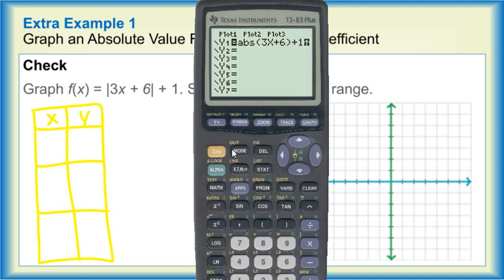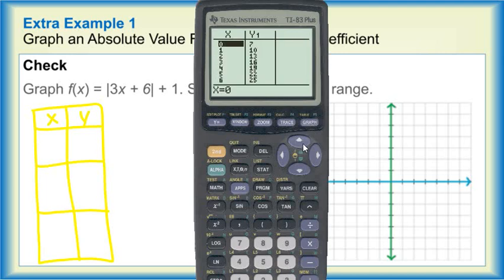If I do second graph, it's going to give me a table of values, and I want to see what my vertex is going to be. So you can see that it starts to repeat over here on each side of this 1. So my vertex is actually negative 2, 1.